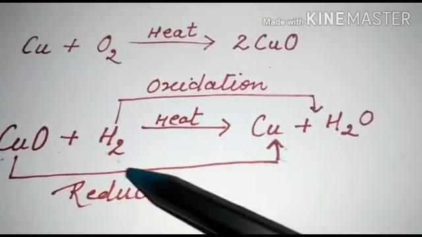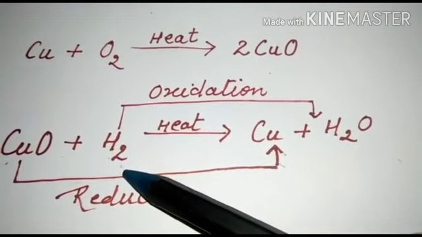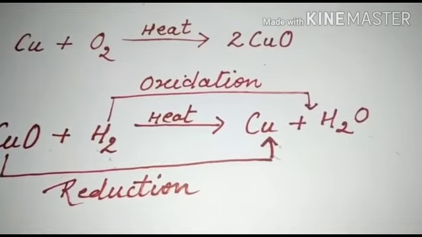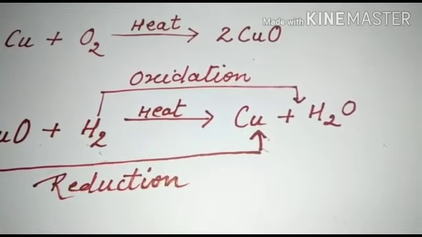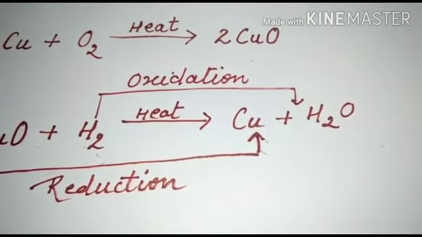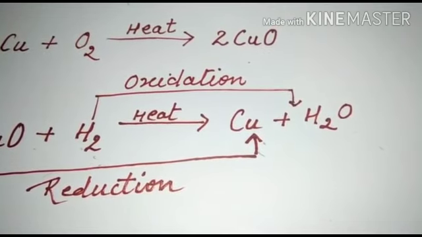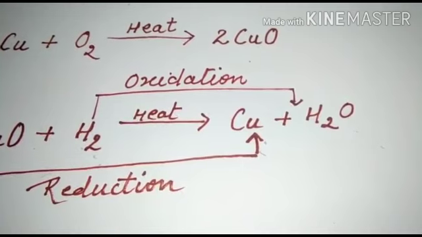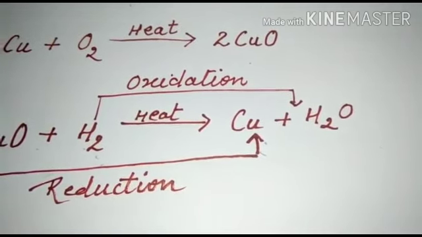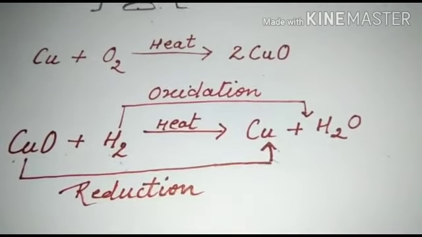The hydrogen is gaining oxygen and is being oxidized. In other words, one reactant gets reduced while the other gets oxidized during a reaction. So, such reactions are called oxidation reduction reactions or redox reactions.